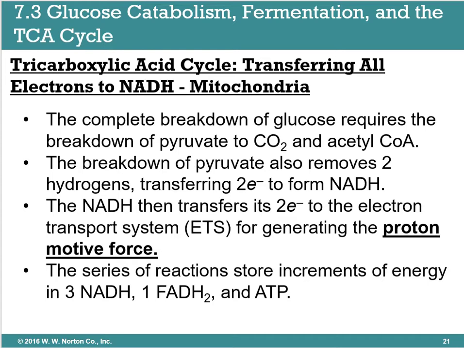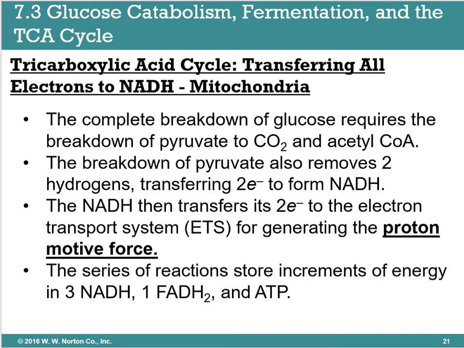In order to enter the TCA cycle, the original glucose they consumed has to be completely broken down to pyruvate, and then that pyruvate needs to be broken down into carbon dioxide and acetyl-CoA. With the pyruvate being broken down, there are 2 hydrogens floating around, meaning there are 2 additional electrons that can form NADH.